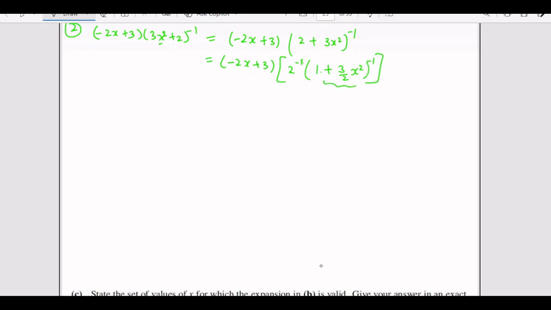Now we are going to apply binomial expansion here. So negative 2x plus 3 remains as it is. Inside the bracket, this is going to become 1 over 2, then 1 plus nx, where n is negative 1 and x is 3 over 2 x squared.